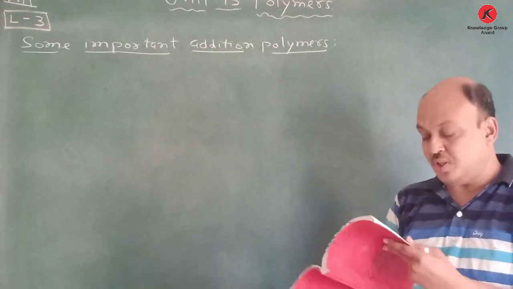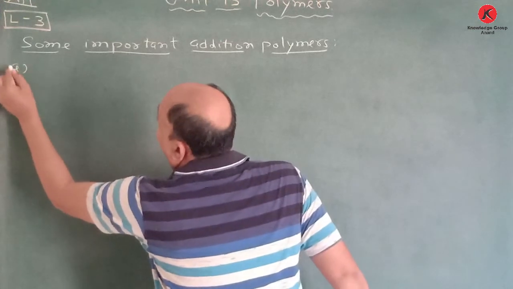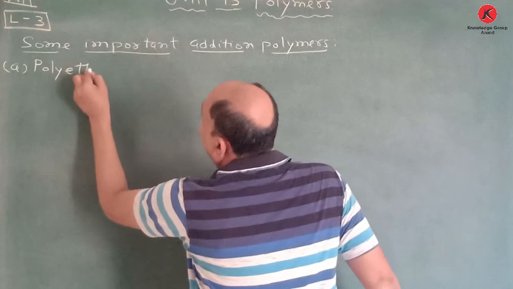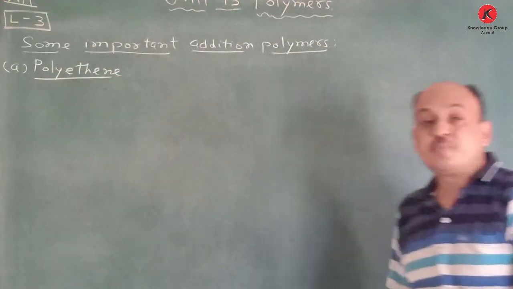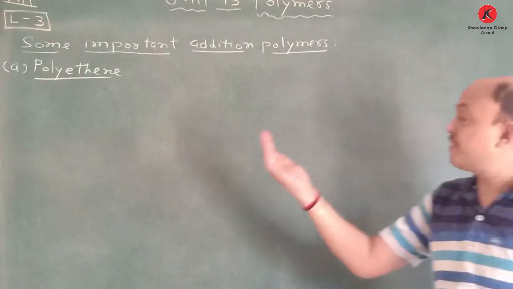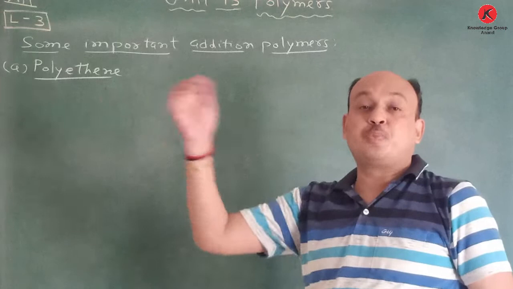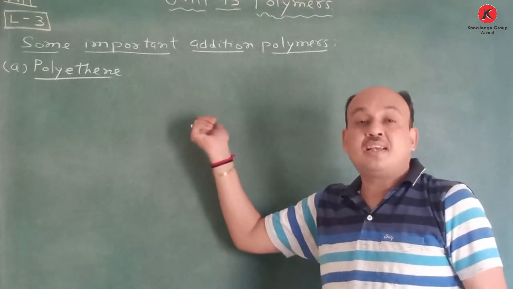So we move to the first topic, A, polythene. What is the meaning of polythene? CH2=CH2, when a number of ethene molecules undergo polymerization, we get polythene by a free radical catalyst.